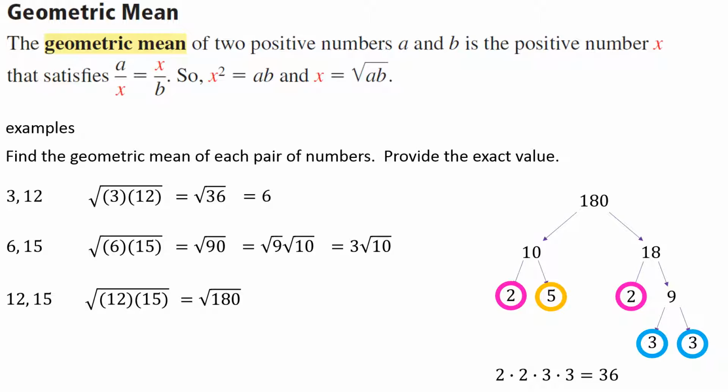Of course, 2 times 2 times 3 times 3 is 36. So I will use 36 times 5. Square root of 36 is just 6. Square root of 5, I'm stuck with, right? That's the factor I could not pair up on the factor tree.